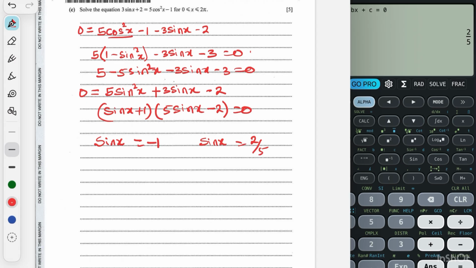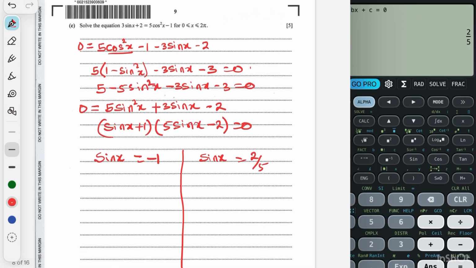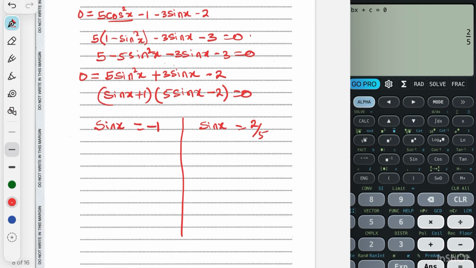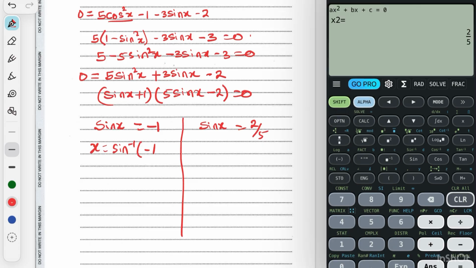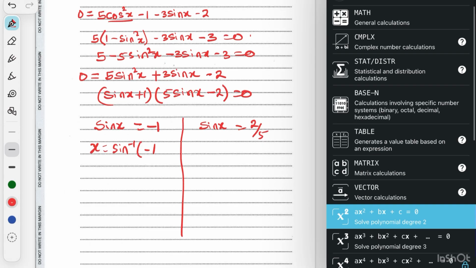So from here, I'm going to solve each of them separately to get my answer. Remember, it's from limit of 0 to 2 pi. So x will be sine inverse of minus 1. Okay, so let's see. Is it in radian? Yeah, so it's in radians.